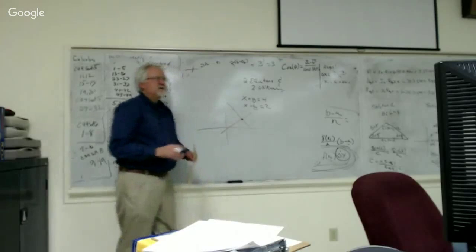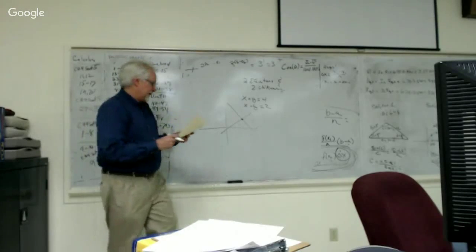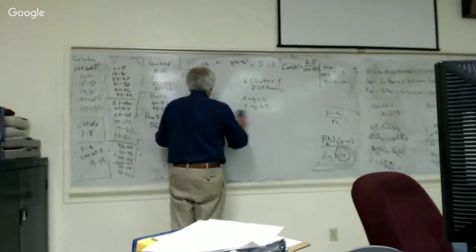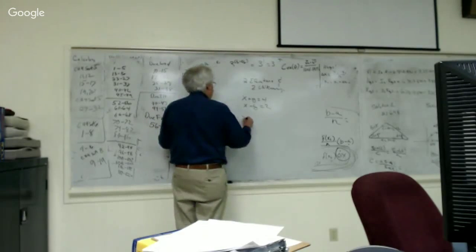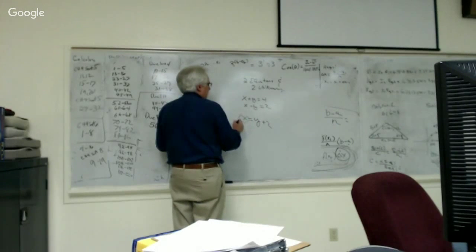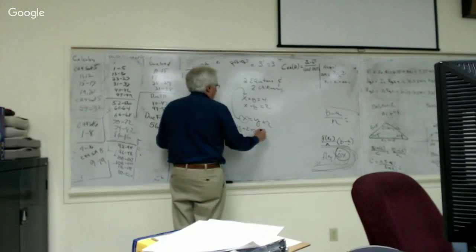So if you graph it, that's your solution. Okay, 3 different ways to do it. Day in and day out, I like to do substitution. So I would have x is equal to y plus 2. I rearrange that. Now, what do I do with this x? I put it in the other one, and I have y plus 2 plus y equals 4.